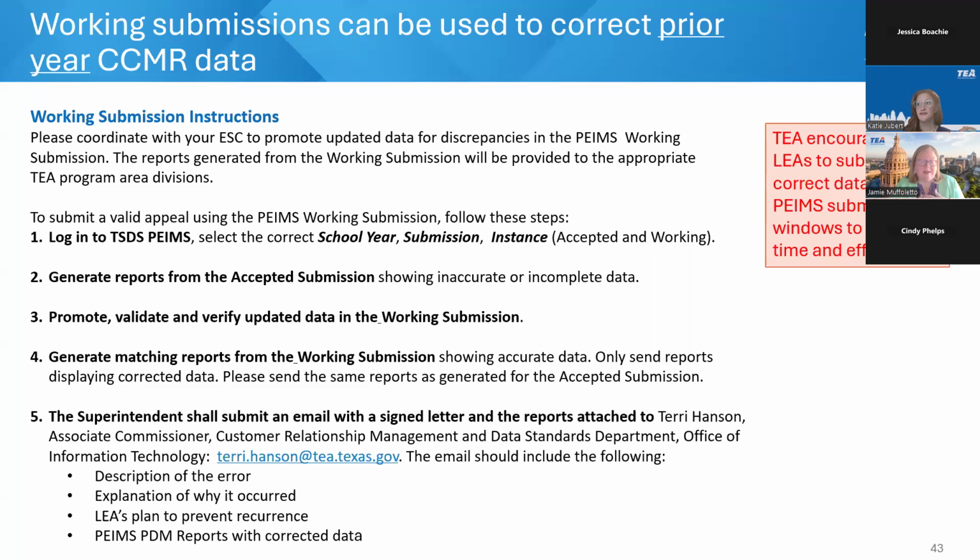All of this comes to my team, and we get a lot of reports that might not necessarily show us the change that you were looking for in working collection. So really spend some time and make sure that you are getting those reports and that working collection accurately updated.